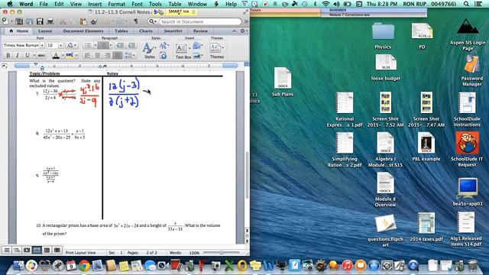And we're multiplying that by 4j squared minus 16. So what we're going to need is, excuse me, this one is kind of hard.